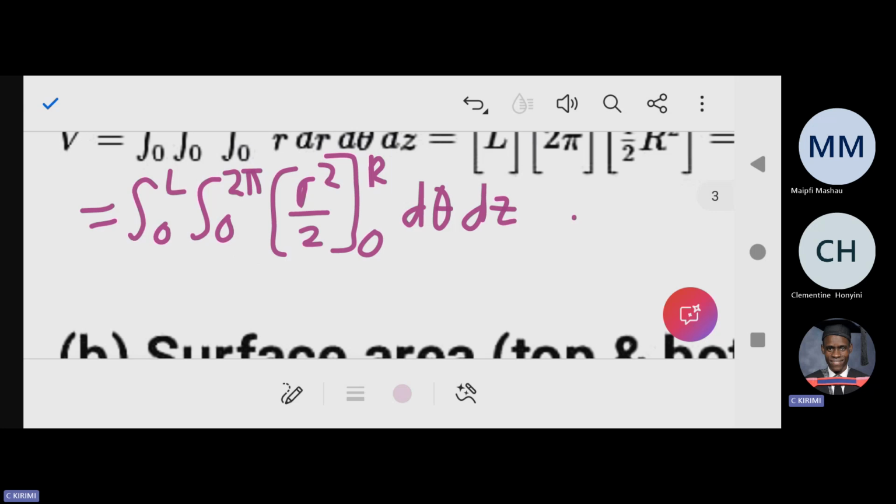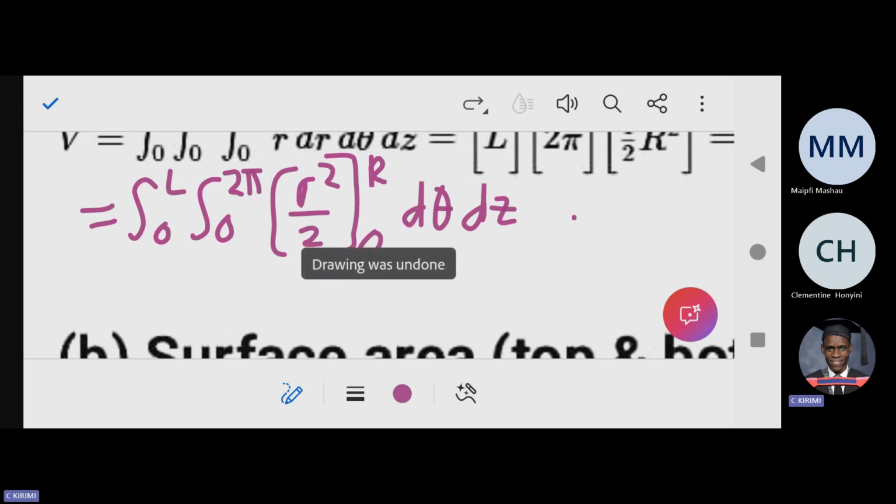So it will be R squared over 2, minus, where there's a small r, we put 0 squared over 2. That is what this square bracket with R and 0 means. At the end of the day, if you subtract, you get R squared over 2. Any question? All right.